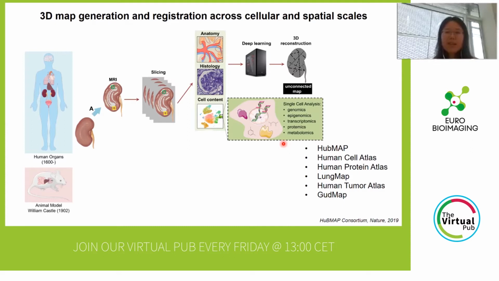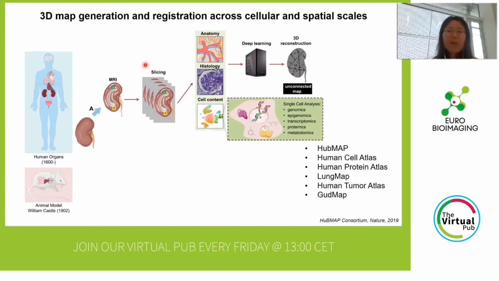To achieve such long-term, collaborative projects, extensive knowledge and technology from different areas has been implemented. For example, using MRI, we can check the gross view of the organ related to the structure and also identify landmarks for integration.